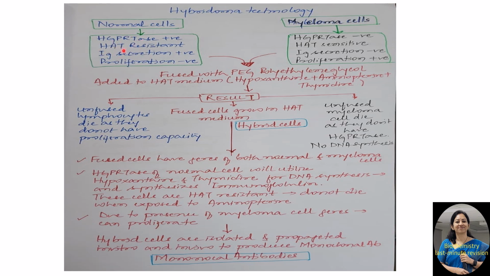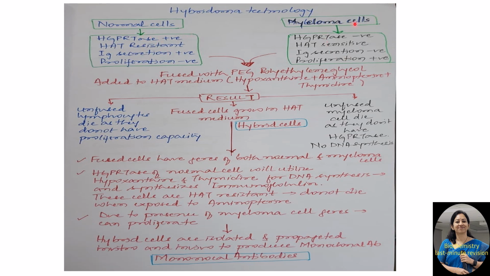And these are HAT resistant, and HAT stands for hypoxanthine, aminopterin and thymidine. So they are resistant when they are added to this particular media. These normal T cells have the capacity to synthesize and secrete immunoglobulins, but they cannot proliferate. So these are the characteristic features of normal T cells that are isolated from mice.